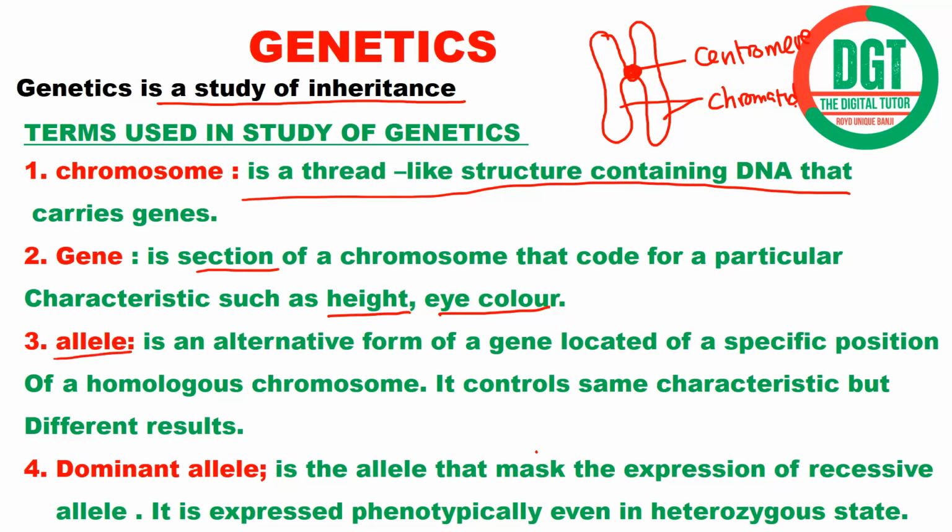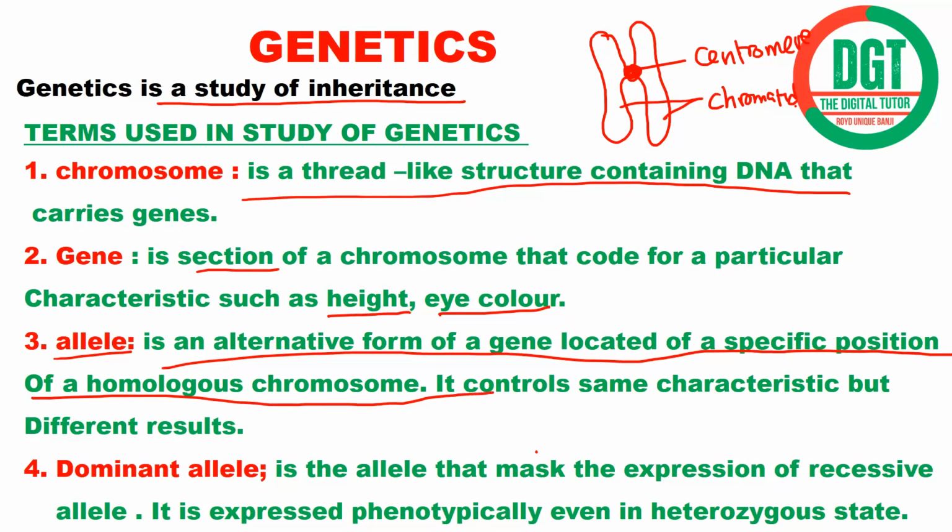Okay. Then the other term that we can look at here is what we call an allele. What is an allele? An allele is just an alternative form of the gene located at a specific position of the chromosome or homologous chromosome, and of course it controls the same characteristic but with a different result.